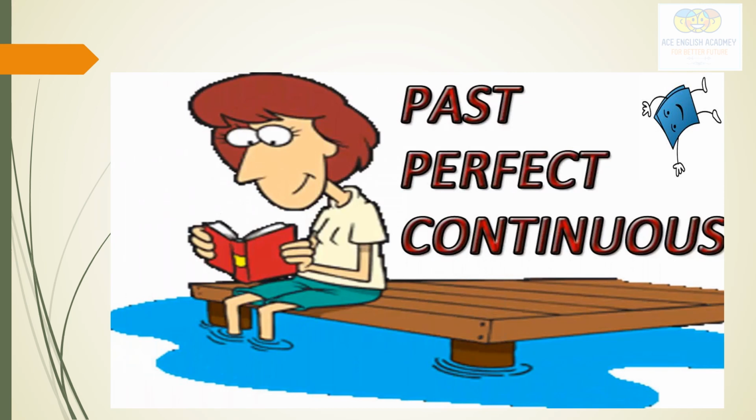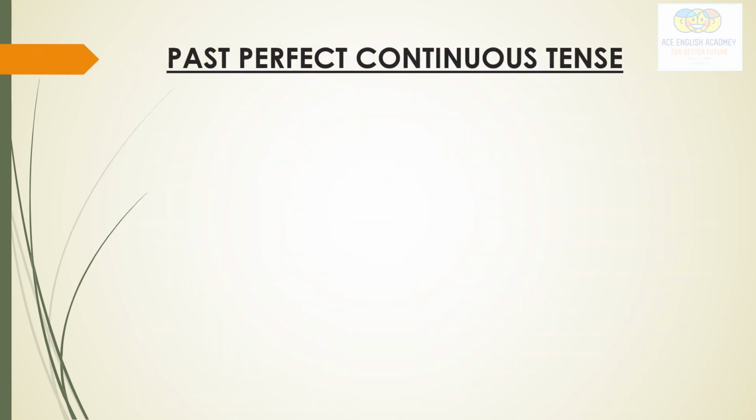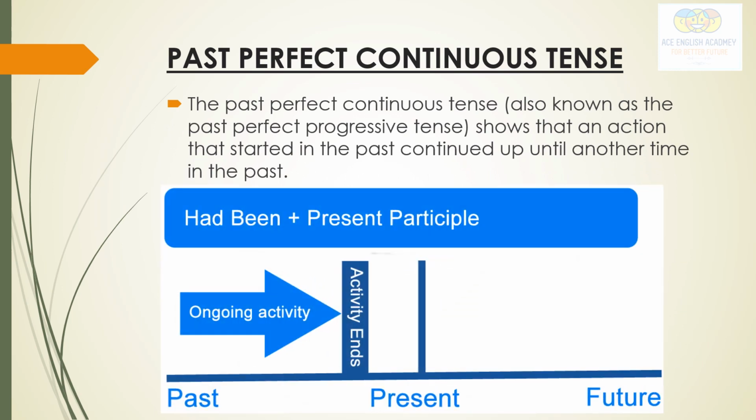So let's understand it more clearly. See here, I have drawn this figure which will help you understand the past perfect continuous tense. Again, this is past, this line is present, and this is future. So all the activities are in the past.